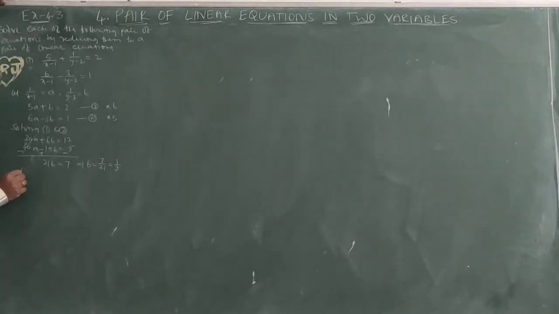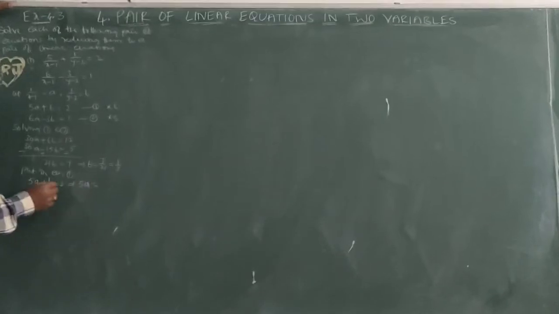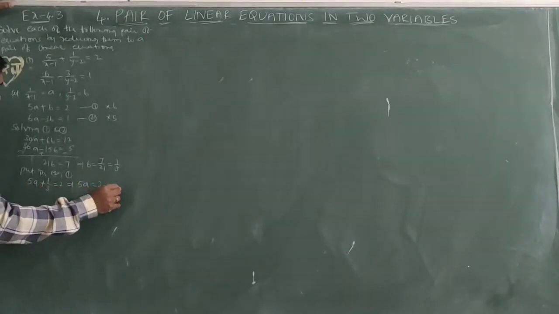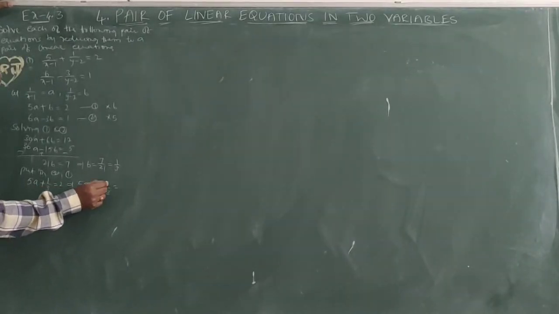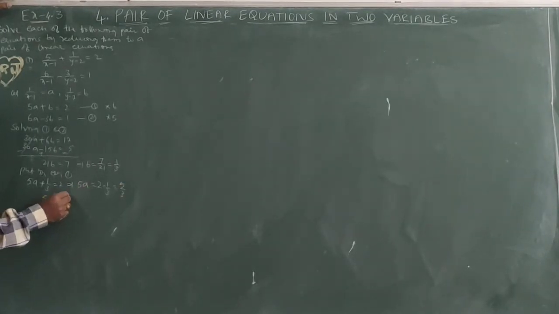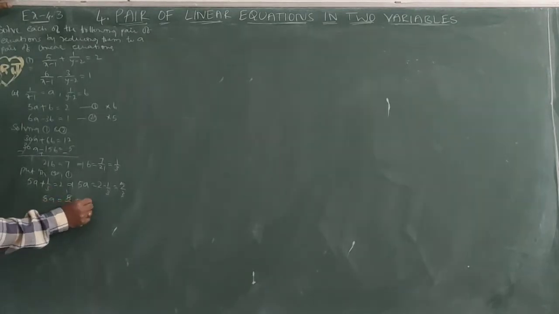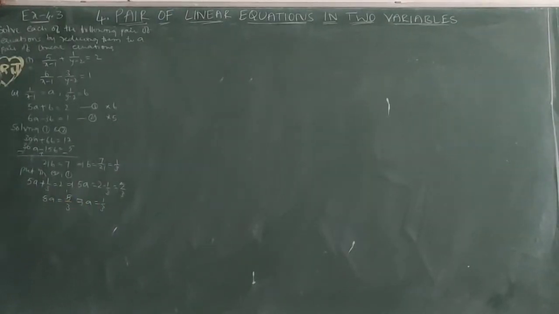Put in equation 1: 5a plus 1 by 3 equal to 2, which implies 5a equal to 2 minus 1 by 3, equal to 6 minus 1 by 3, 5 by 3. 5a equal to 5 by 3, 5 cancels, a equal to 1 by 3. Both a and b values are equal to 1 by 3.